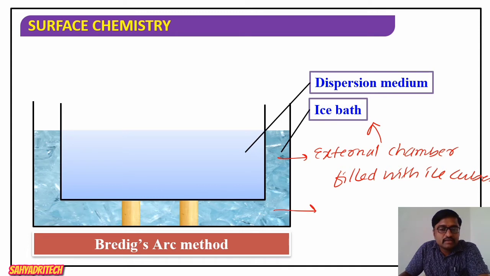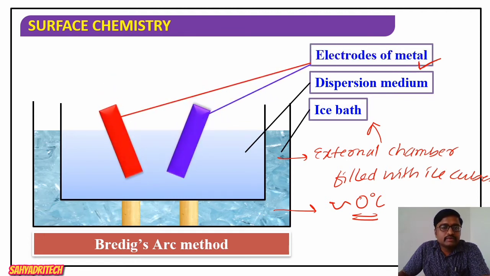What is the temperature here? Usually around 0 degrees Celsius. Further, inside the ice bath, we place one more vessel containing the dispersion medium, the continuous dispersion medium. So one more vessel is kept inside the ice bath and is filled with a suitable dispersion medium.